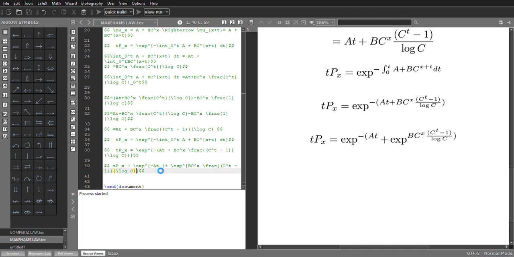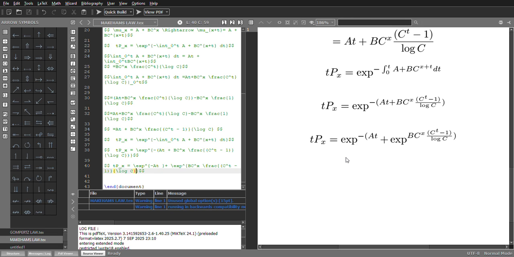Now, remember that this negative is aside. So when it opens the bracket, we will have it here and also have it here. The negative should be there and again be here negative.